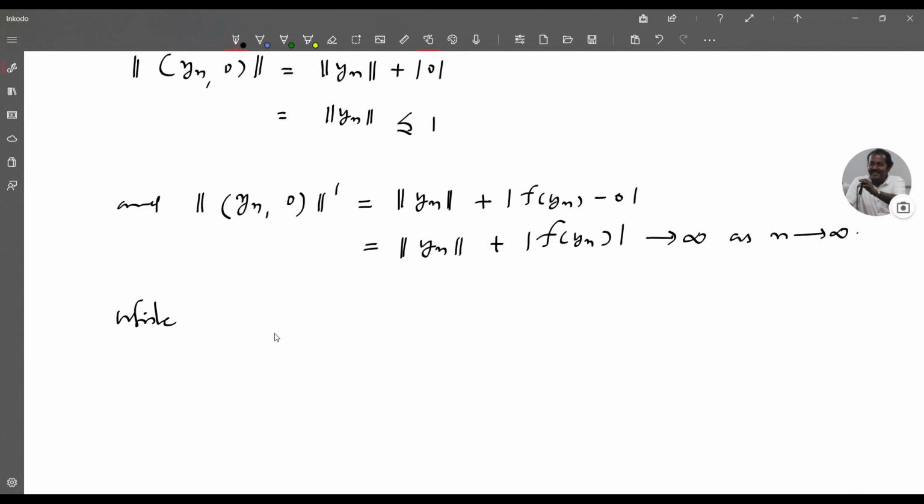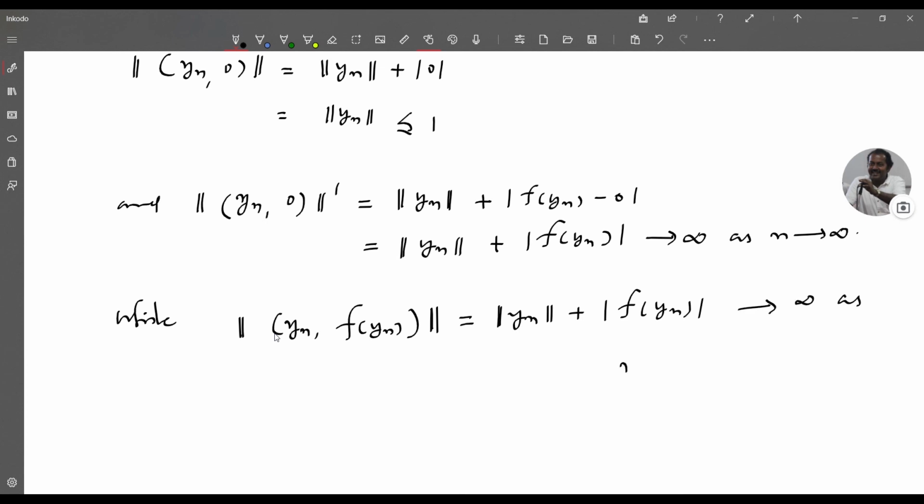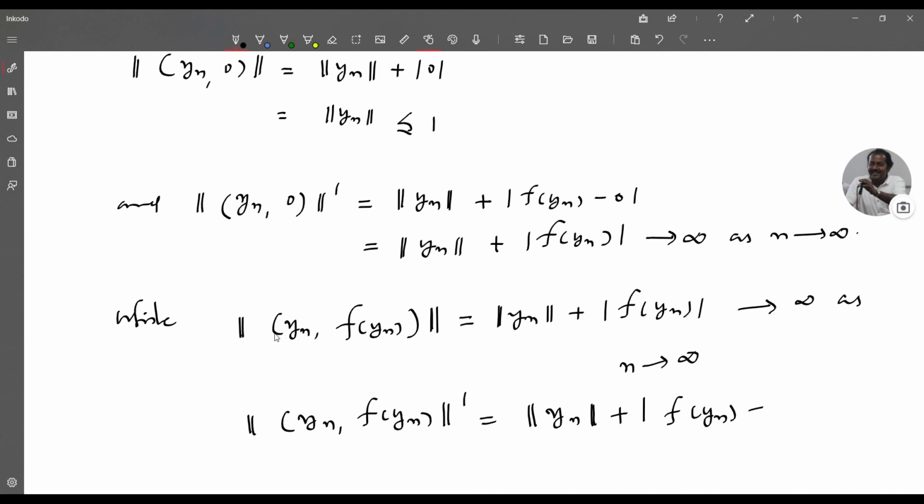While norm of (yn, f(yn)), by definition, is norm yn plus modulus of f(yn), and this tends to infinity as n tends to infinity, and norm dash of (yn, f(yn)) is equal to norm yn plus modulus of f(yn) minus f(yn).